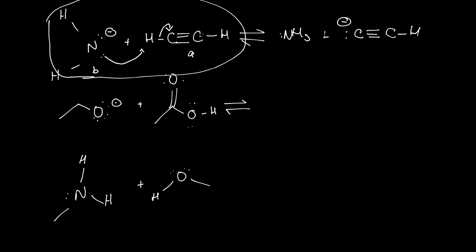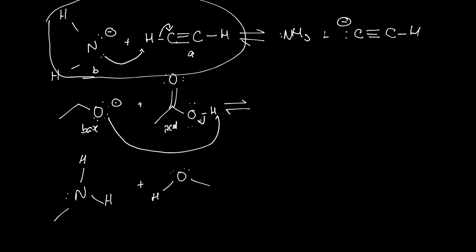Alright, so now let's look at this example. So we have our base here, our acid here. And now what's going to happen? So the electrons on this oxygen are going to come around to this hydrogen, and electrons there are going to go to the oxygen.